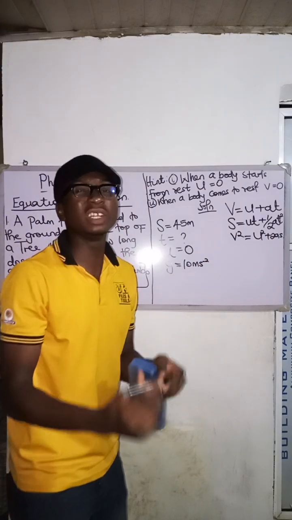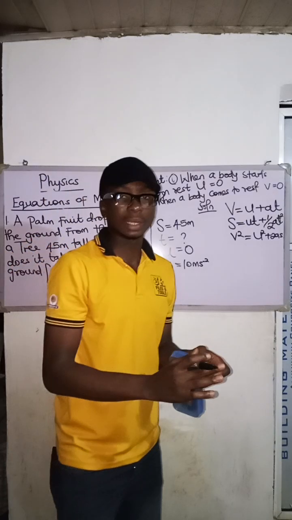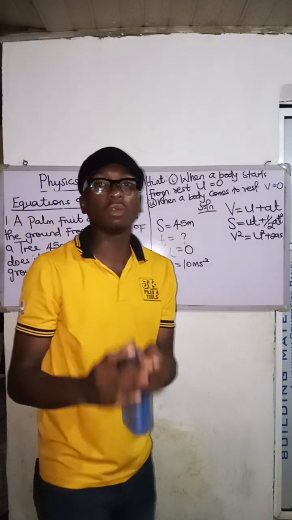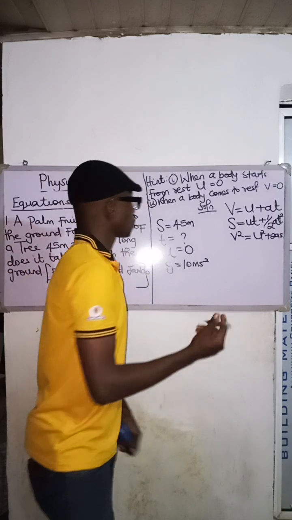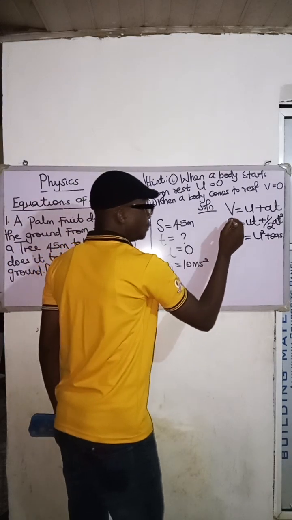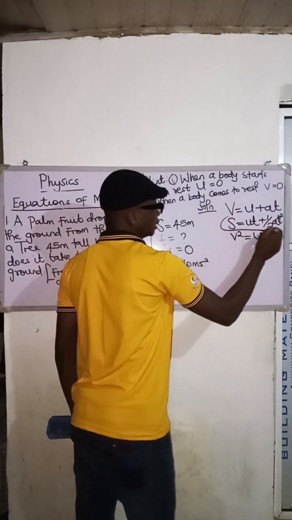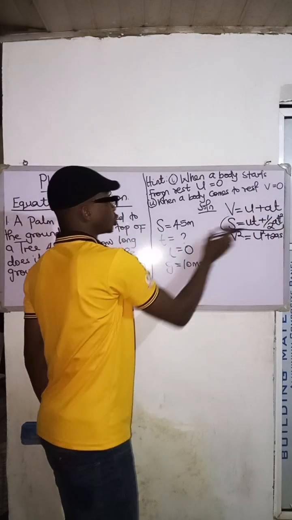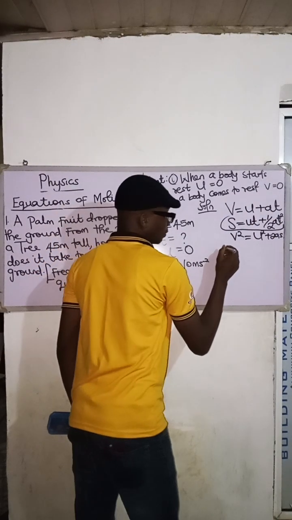Even if you are not given it in the question, you should know this. So the best formula to use is the second one, because we have everything and we're asked to calculate for t. So let's solve.